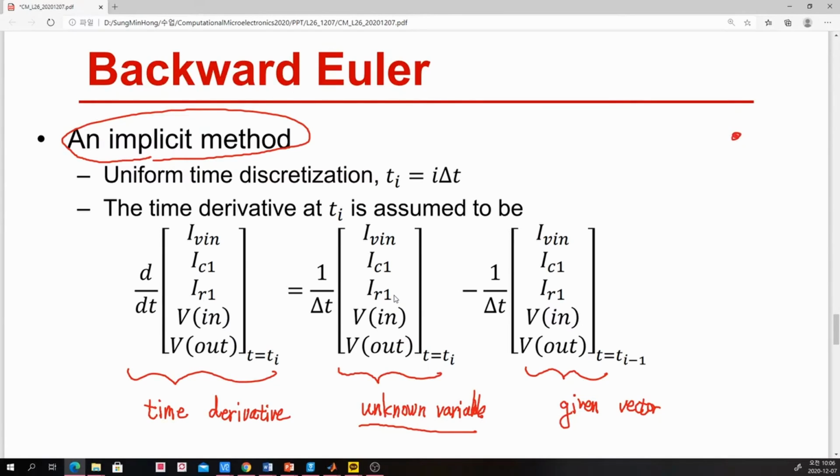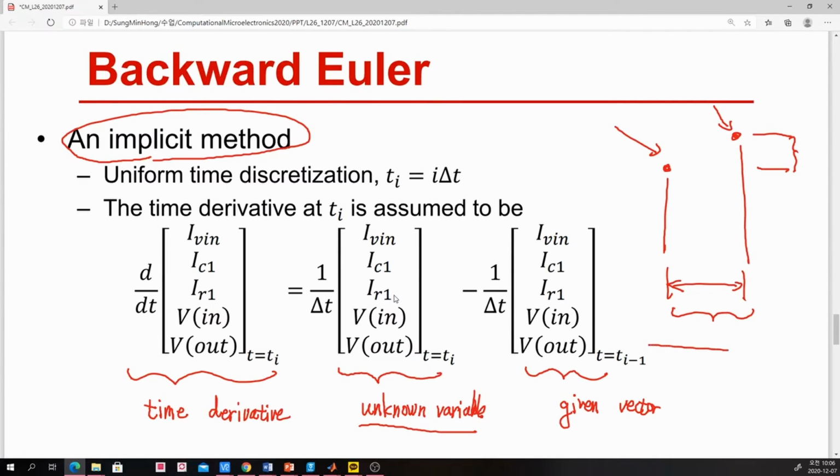We take 2 points, take the difference, and divide by the difference of the independent variable. In this case, how can we describe the time derivative? We calculate the time difference and the difference of our unknown variables at these 2 time instances.